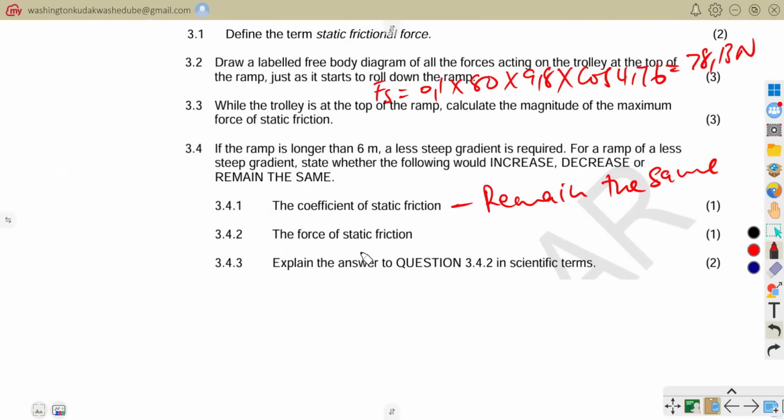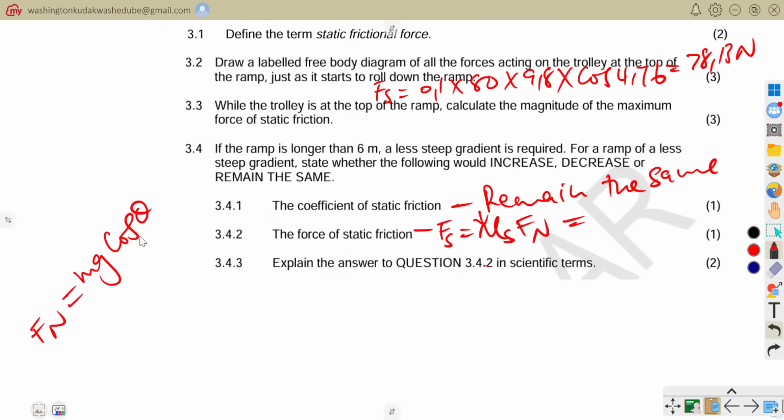Now, what about the force of static friction? We saw that this is given by the static coefficient of friction times the normal force. So if the coefficient remains the same, this is going to change. Why? Because the normal force is given by mg cos theta.